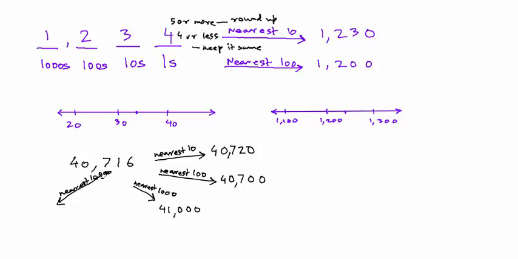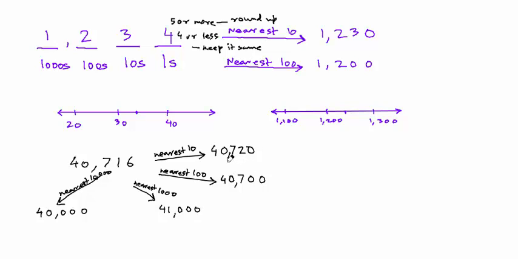And finally to the nearest 10,000, this is the 10,000s place. There's nothing before it, so let's not worry about it. The digit after that is a 0, so it stays a 4, and everything is a 0 after that. So this is 40,000. So as you can see, the same number, depending on which digit you are rounding to, can have different answers to the rounding problem.